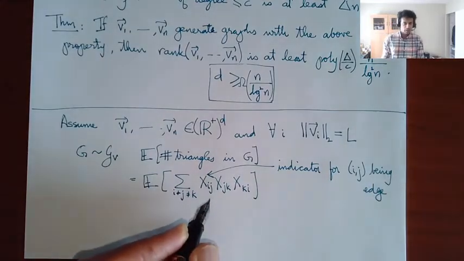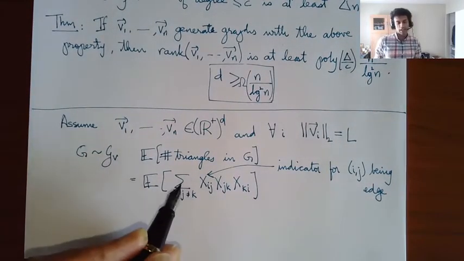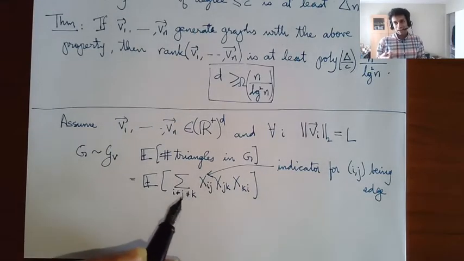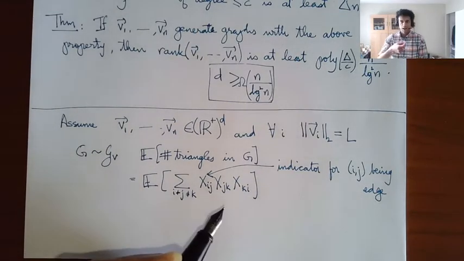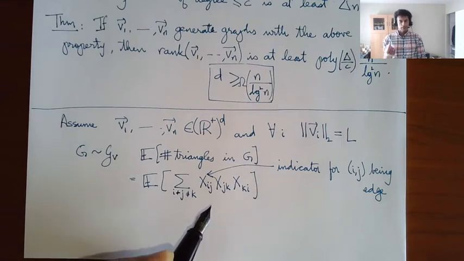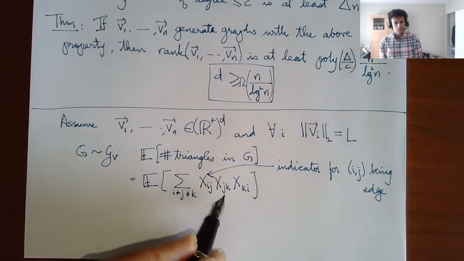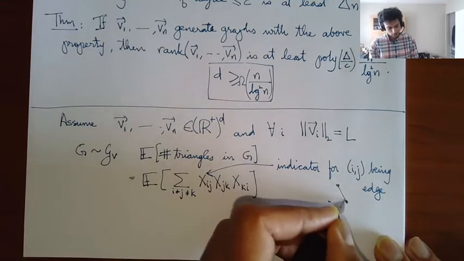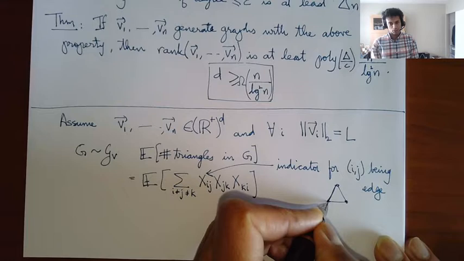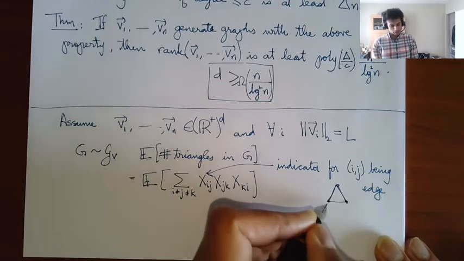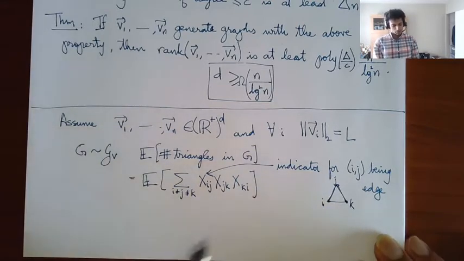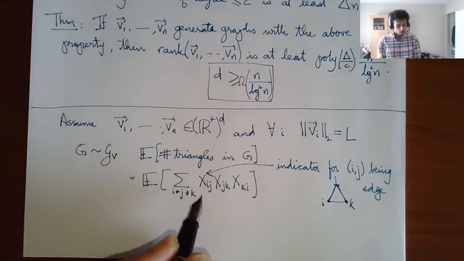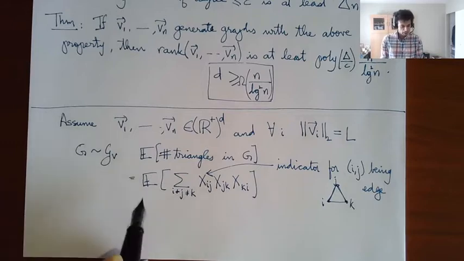This is just an indicator random variable. If you look at any i, j, and k, the event that i, j, and k form a triangle is the same as the event of all of these indicators being 1. If you have a triangle, you need this edge to be present, this edge, and this edge. Quite simply, all three edges need to be present, so there is an indicator for each one of them, and that is what you get.